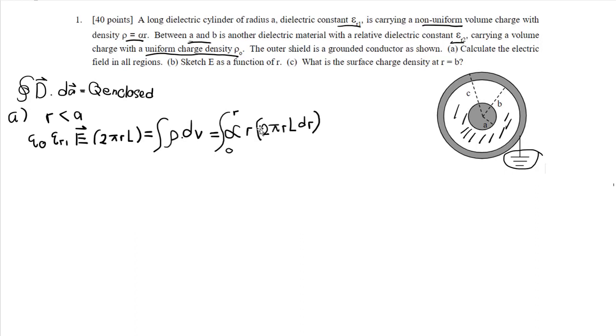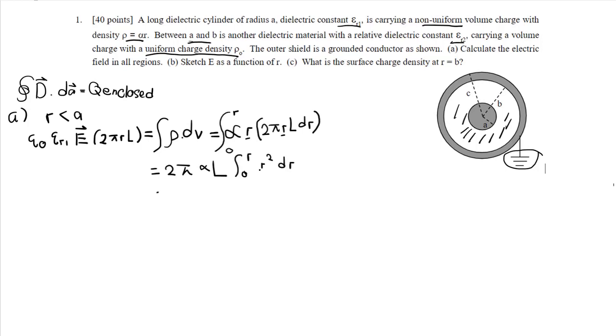From the equation above, we just pull out all the constants, which would equal 2 pi alpha L, and then we integrate the rest from 0 to r, and both the r's from the top can be multiplied together, so that will give us r squared dr.